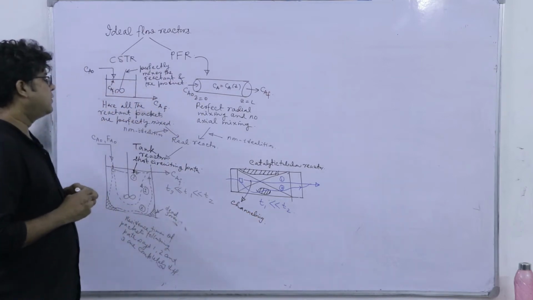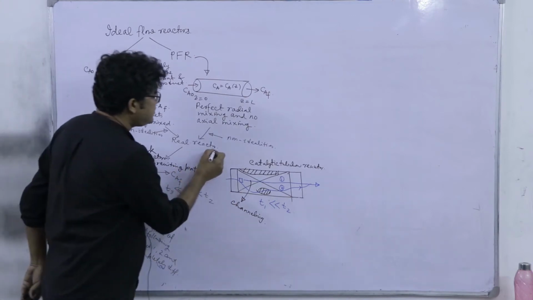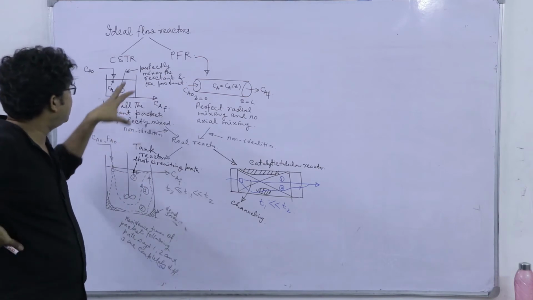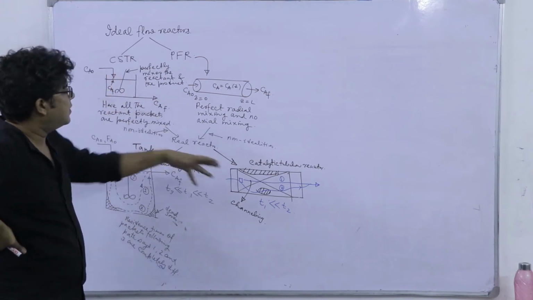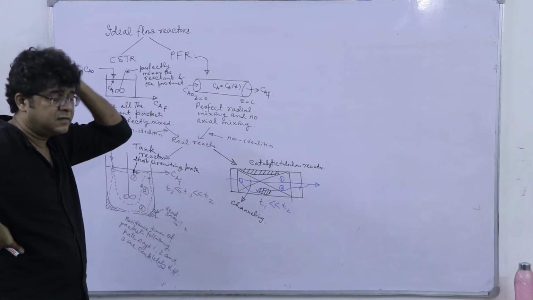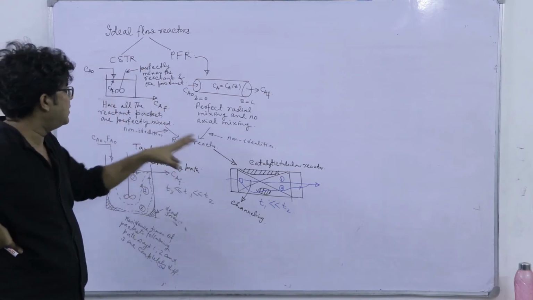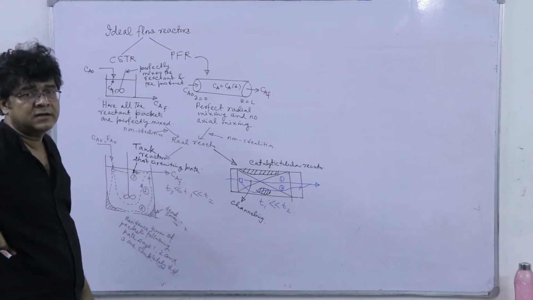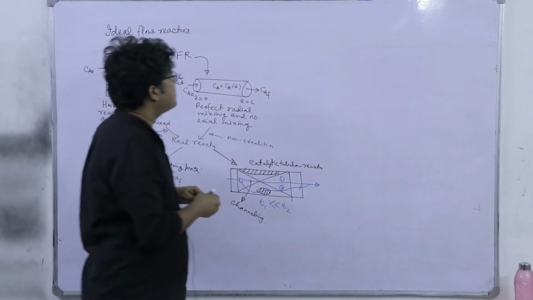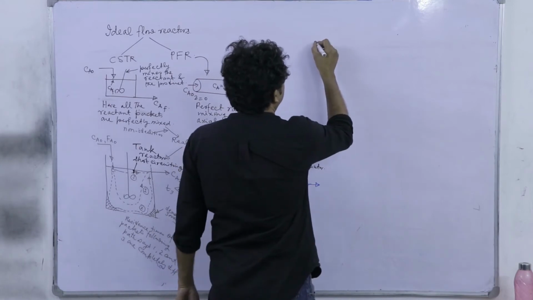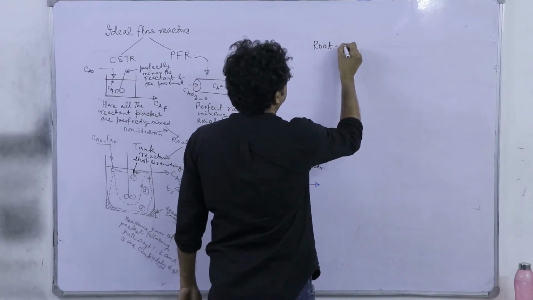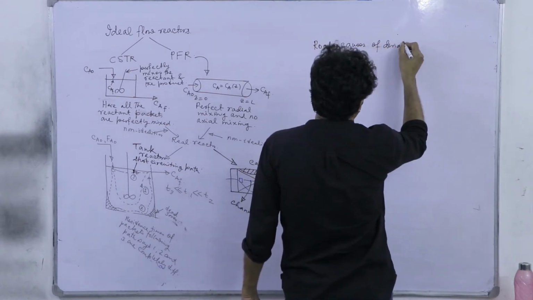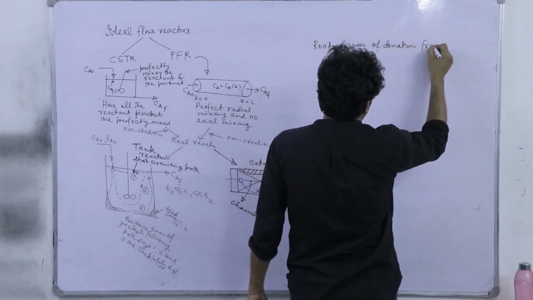So because of this, in real life we have non-ideal reactors, where the assumption of perfect mixing in a tank reactor or the assumption of no axial mixing in a tubular reactor will not hold respectively. So we have to understand the root causes of deviation from ideality.